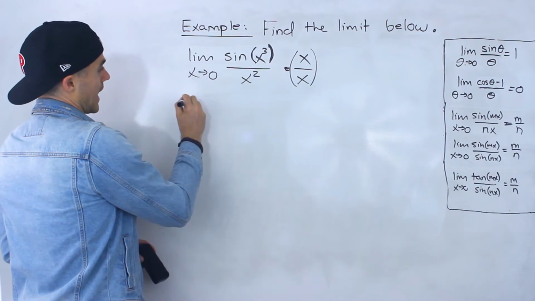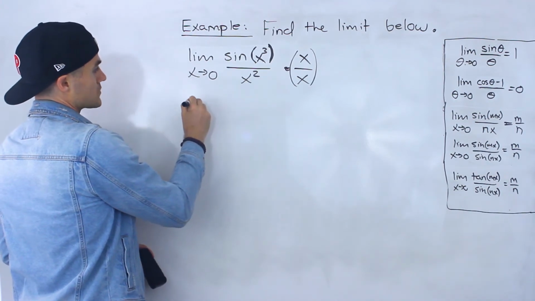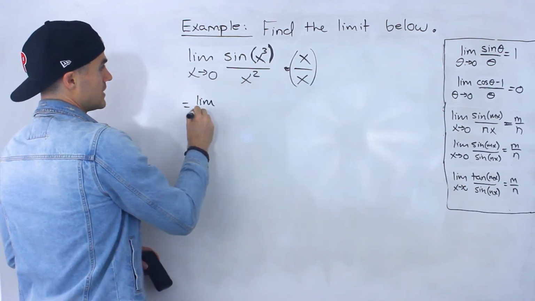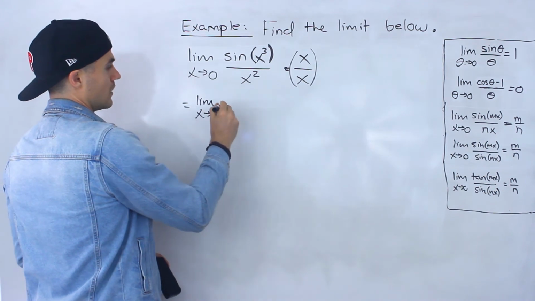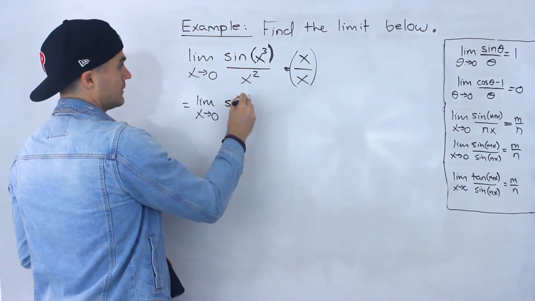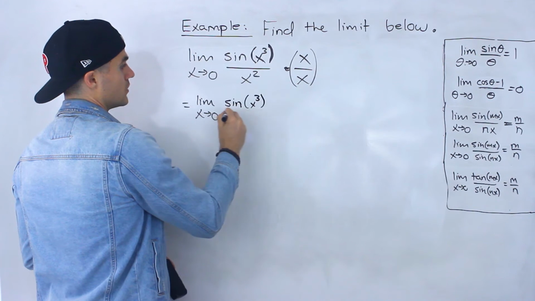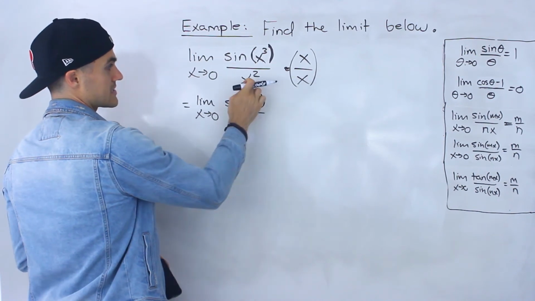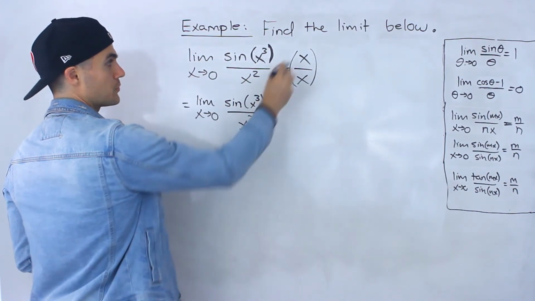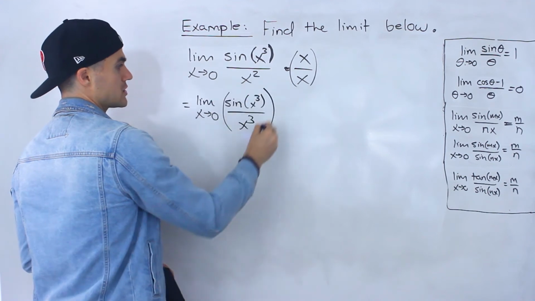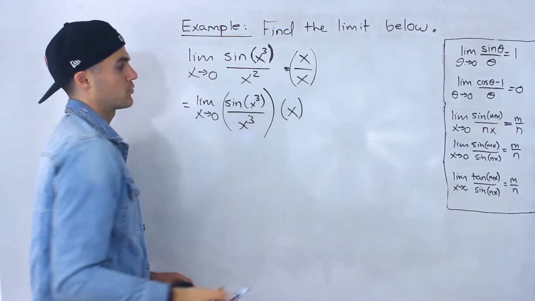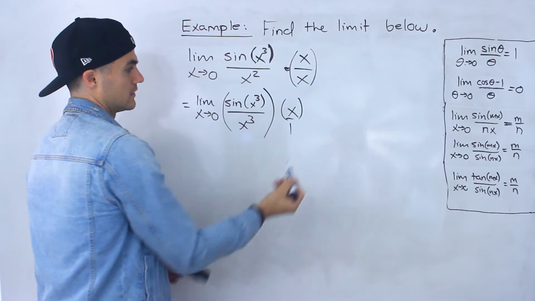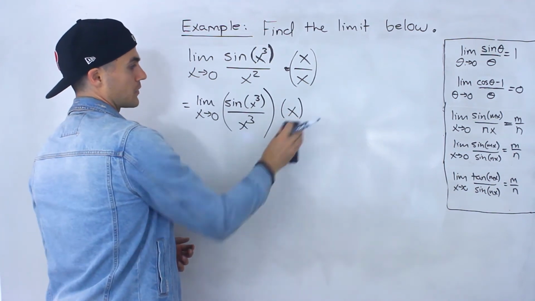So now what's going to happen is when we do this, notice how we'll have sine of x cubed over x times x squared is x cubed, but we still have this x remaining. So I'm actually going to keep that x separate like that. It's like x over 1, which we don't have to write the over 1. We could just keep the x there.